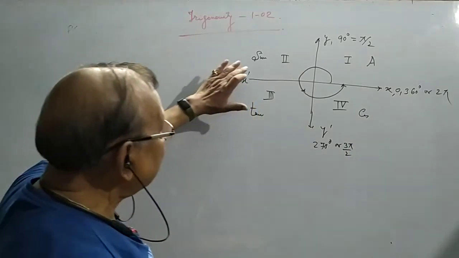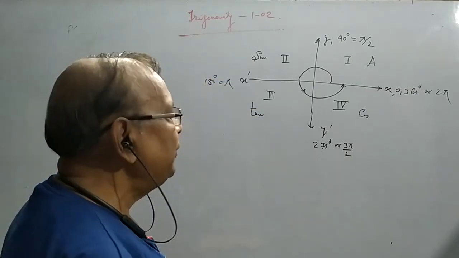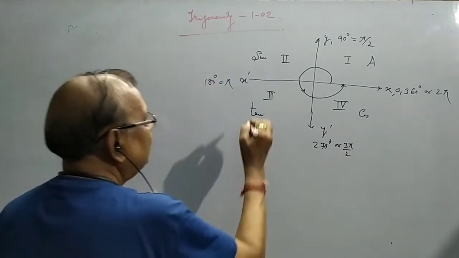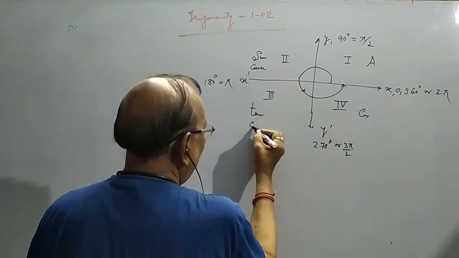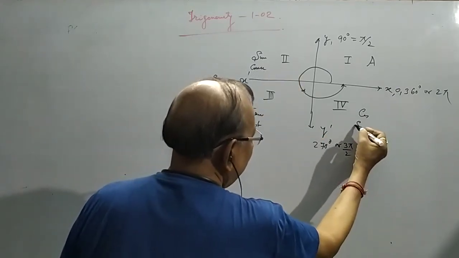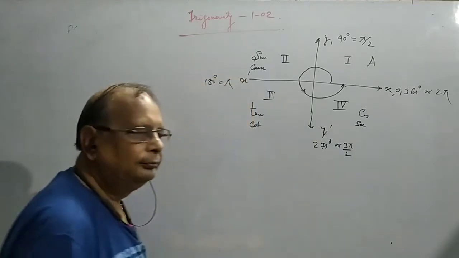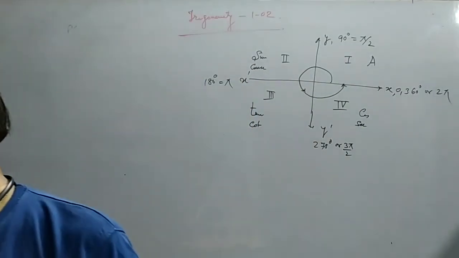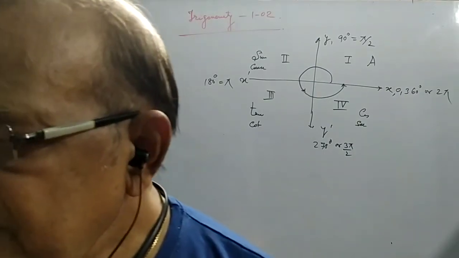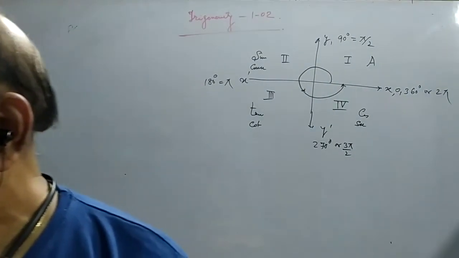Now, when sine is positive, the reciprocal of it will always be positive. That is sin and cosec, tan and cot, cos and sec. These are positive. So 2 quadrants are reserved for positive, 2 for negative.